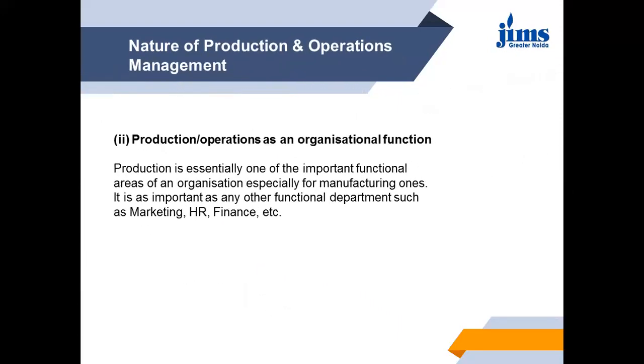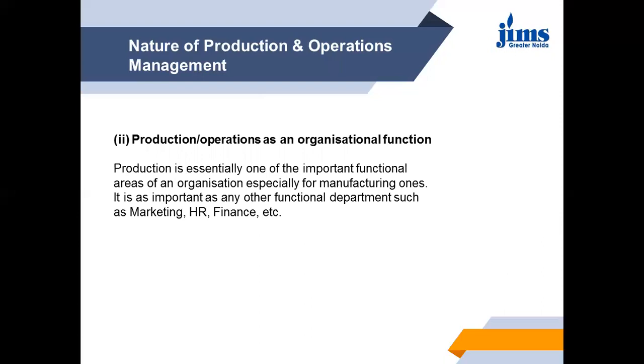The second aspect defining the nature of production and operations management is that it is an organizational function. My commerce students and commerce background students will have an idea that there are 4 major functional areas of any organization, starting with marketing, HR, finance, and operations or production.